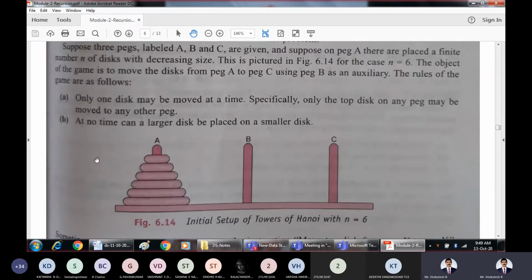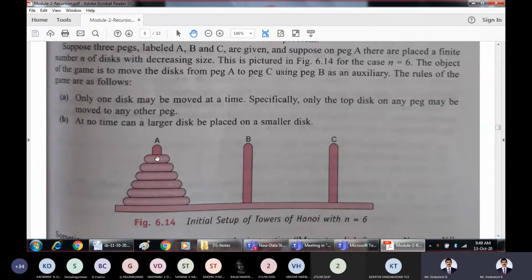So you can take help of peg B and then move all the disks to C. But there are conditions. What are those conditions? Condition number one is that only one disk may be moved at a time. That means you are allowed to pick only one disk, not more than one at a time. Specifically, only the top disk on any peg may be moved to any other peg.